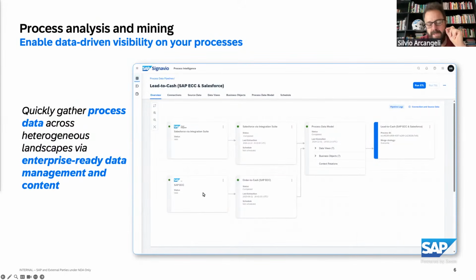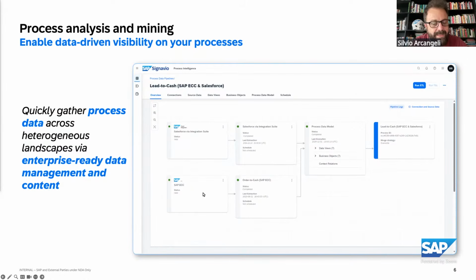So first of all, a process mining technology like SAP Signavio Process Intelligence and SAP Signavio Process Insights, the two flagship products that we have in this area. Process analysis and mining technologies can help you, first of all, with content and with pre-built accelerators and also with dedicated features and capabilities to gather all of the relevant data for process analysis in the right place, in the right format, ready to be analyzed, right?